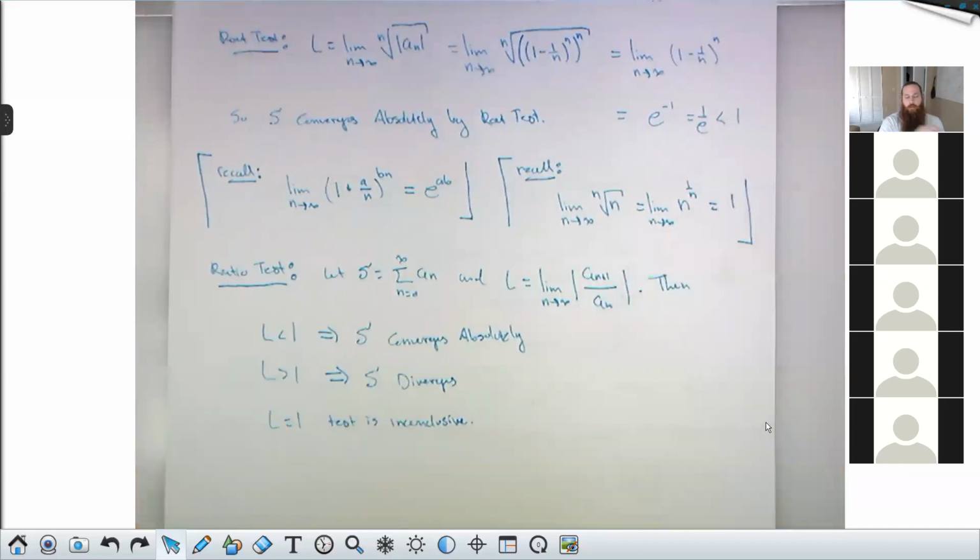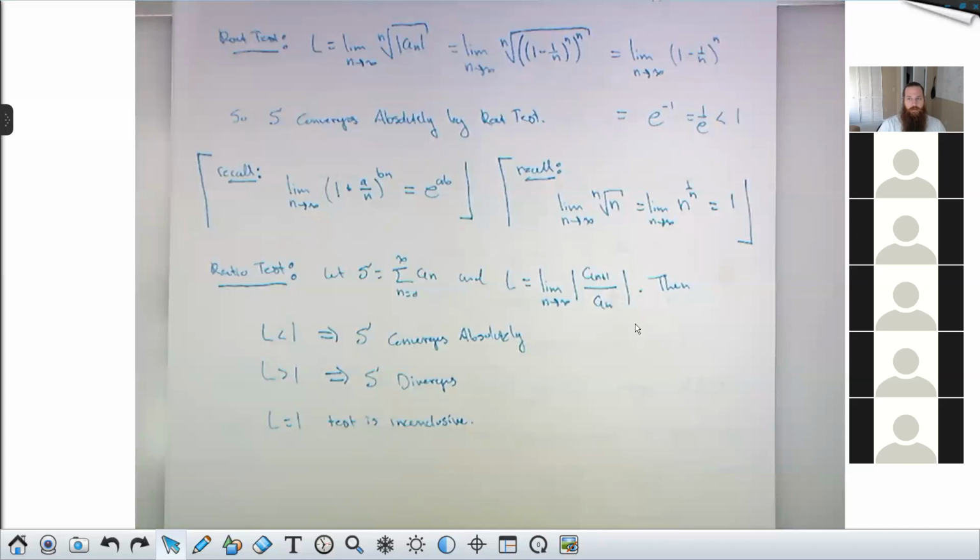It turns out that if you run both the root test and the ratio test on the same series, the L you calculate using the root test will come out to the same number as the L you get from the ratio test. They're both detecting the same sort of thing. In both cases, L is kind of the closest thing to a common ratio that your series may have.